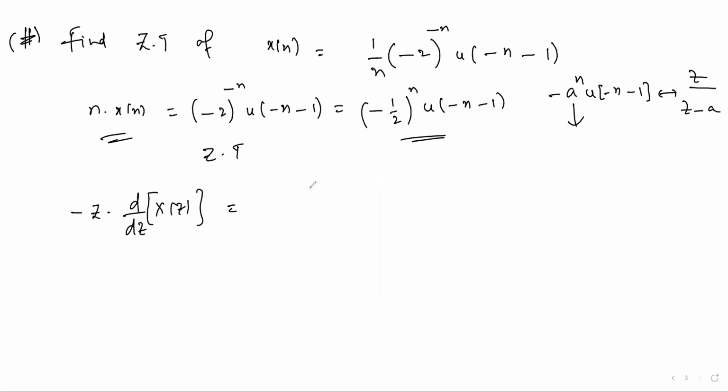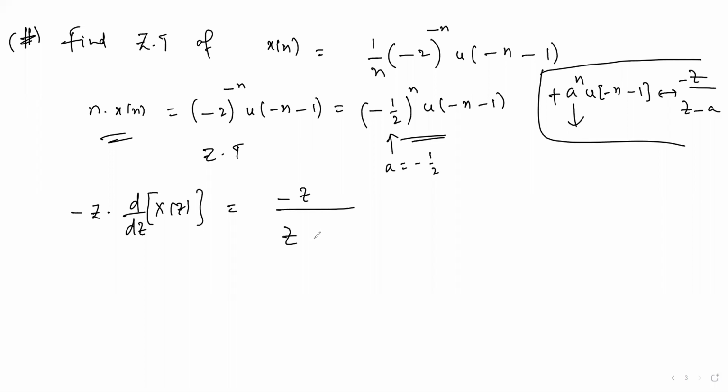What is the Z transform of this function by using this pair? a value is minus 1 by 2 in this case. And of course, this minus is not there, so we can take minus that side. So minus z upon z minus a, where a value is minus 1 by 2.